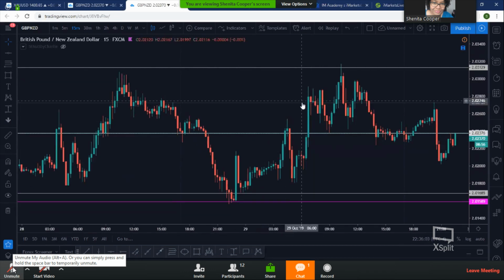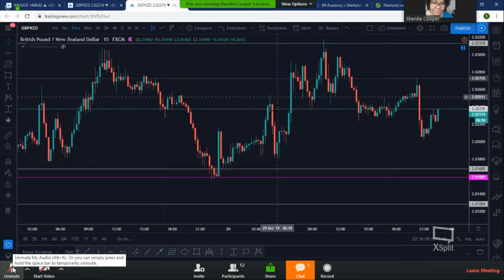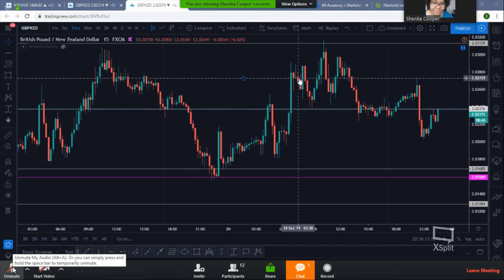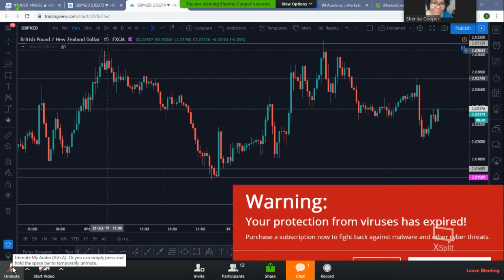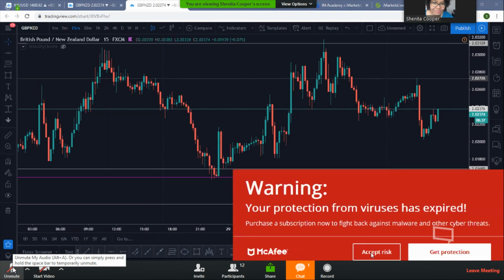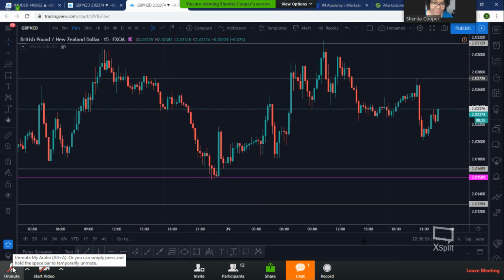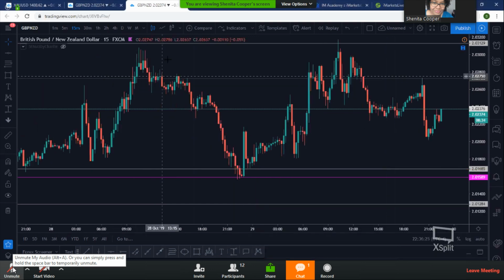You could definitely take it to your daily. That could be your take profit. And then if you want to set a TP2, there's your next take profit. I would have had it around here or around here. This is where price closed.